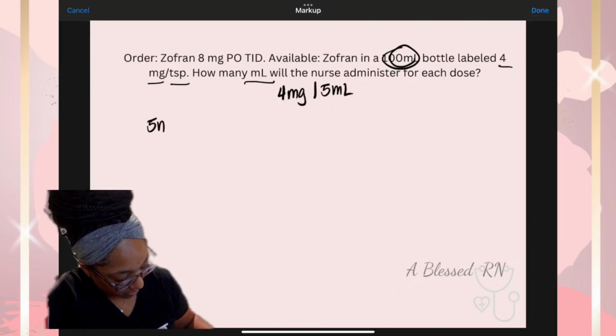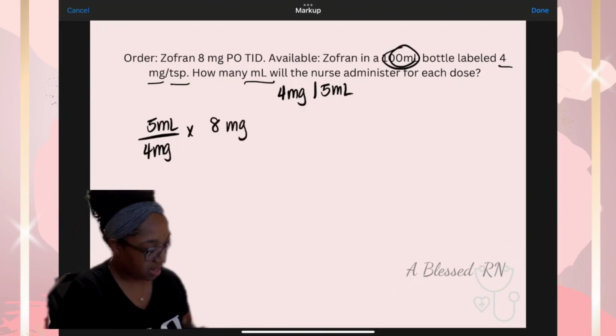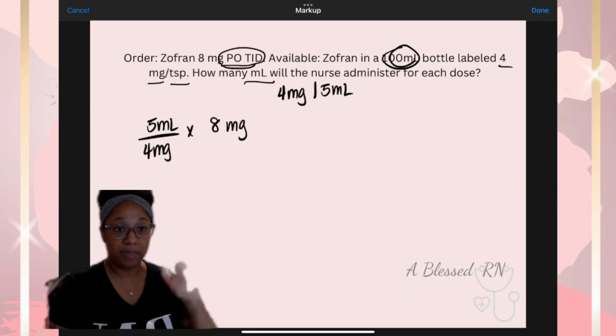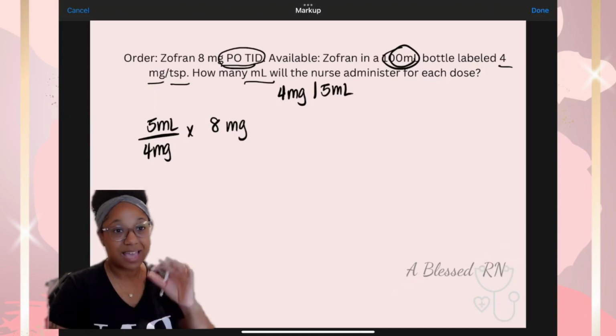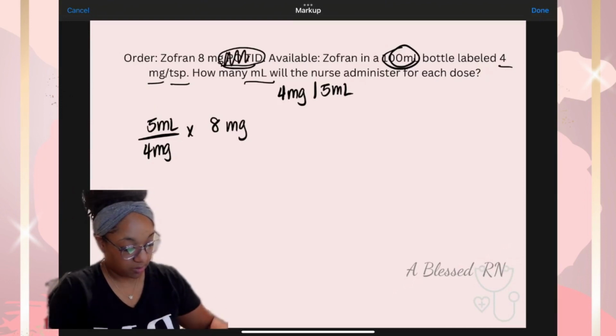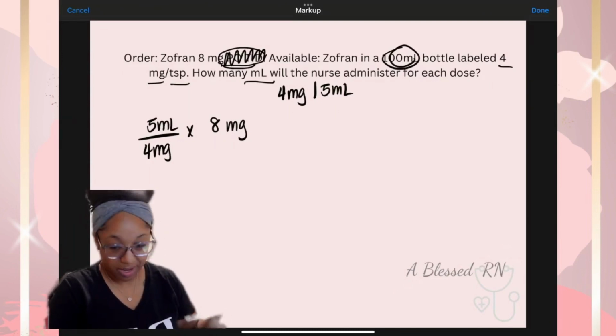We start with our milliliters, because that is what we're looking for, and then we have ordered 8 milligrams. The TID is just telling you that they want this dose by mouth 3 times a day, so that's going to be 8 hours apart. We just need to give this one-time dose, so this is going to be fluff as well. Don't even think about putting 3 or 8 hours or anything.